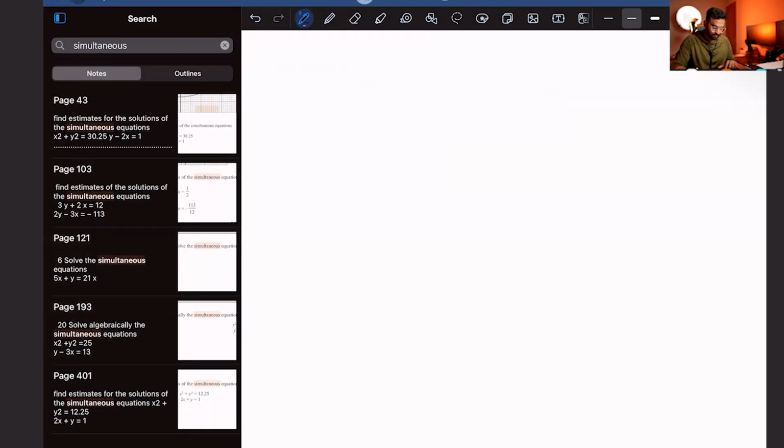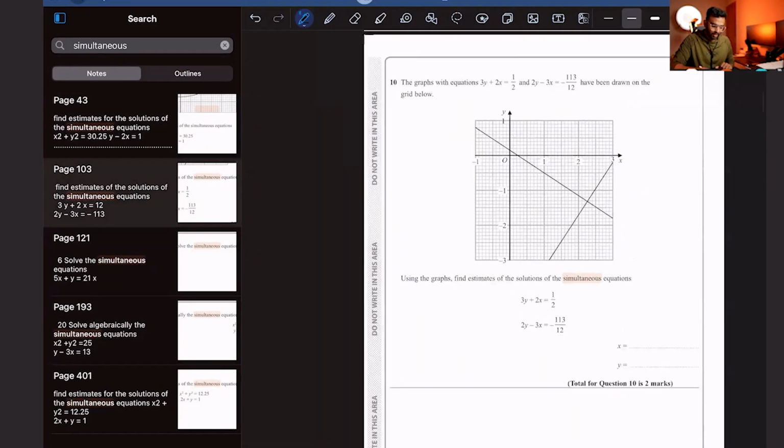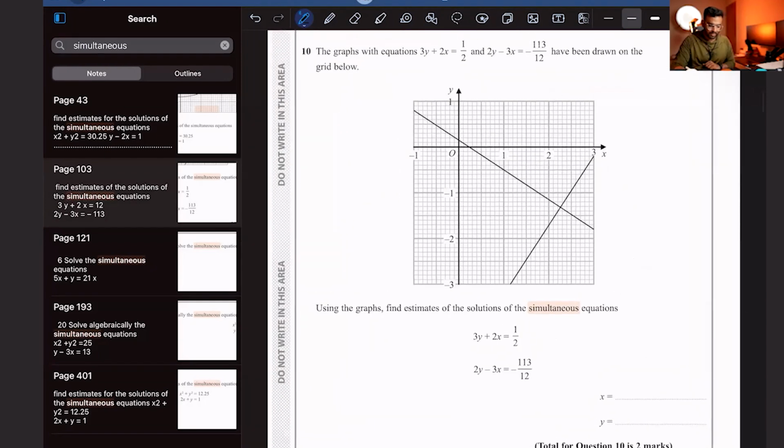That's one. What would be the answer to this, guys? We did this question as well. Remember, we did the one where we estimated? That was a 2 mark past exam question.